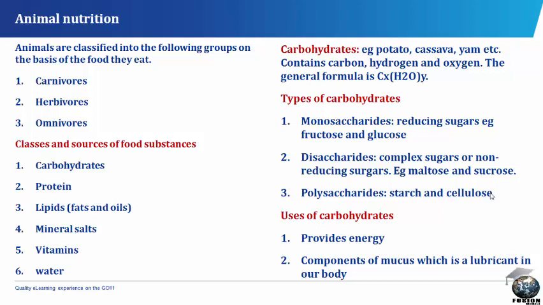Classes and sources of food substances. First of all, we will explain what carnivores, herbivores, and omnivores are. Carnivores are animals which feed mostly on animals.